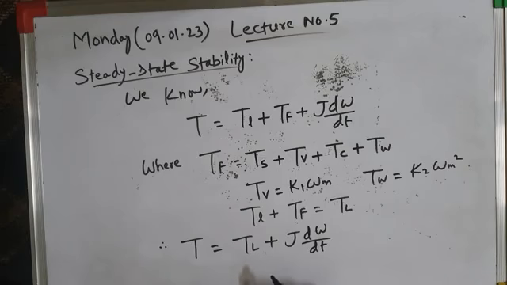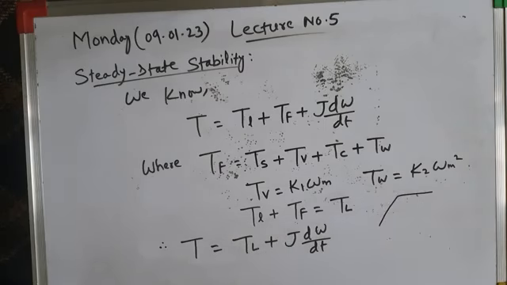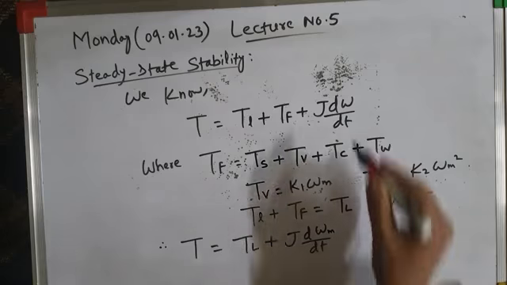What happens when the motor reaches the steady state speed? When you start the motor, the electric drive accelerates, and at that time the total torque to be developed by the motor should be equal to load torque plus this inertial torque. Once the motor has reached the steady state speed, acceleration is over. At that time, omega m, that is the speed of the motor, is constant.